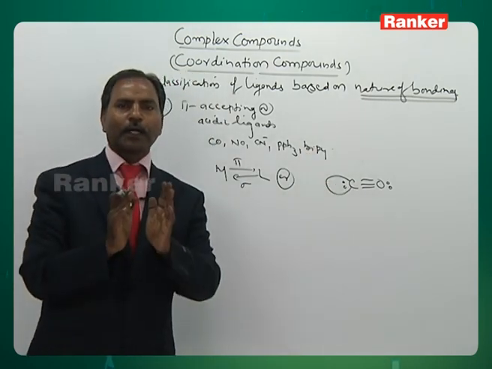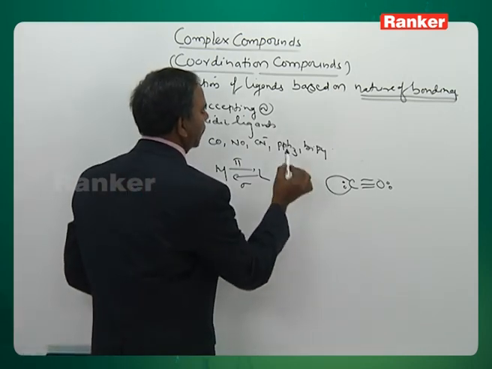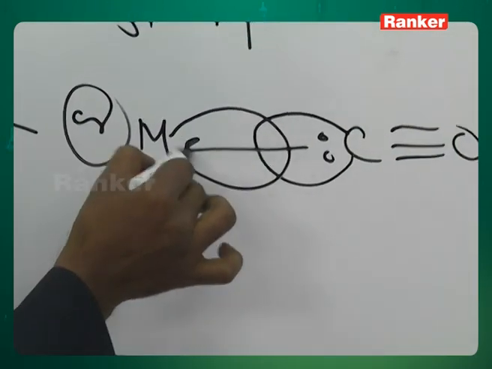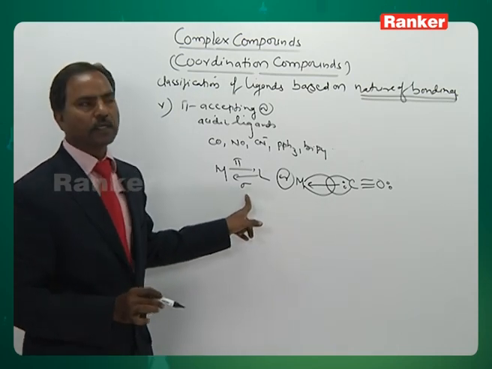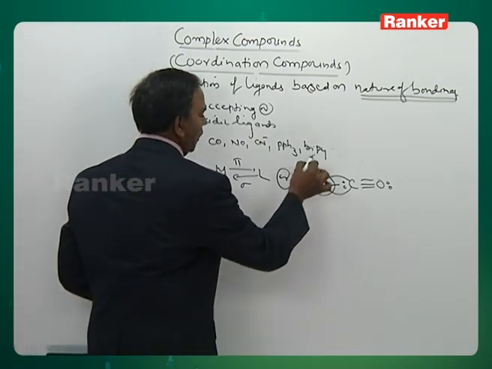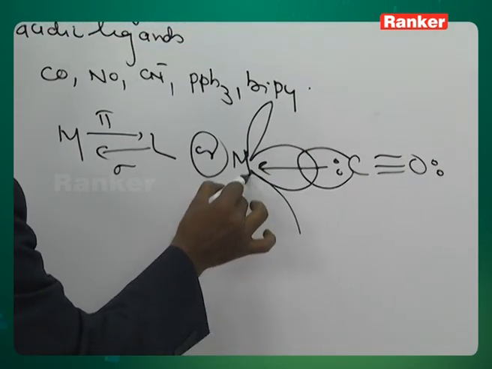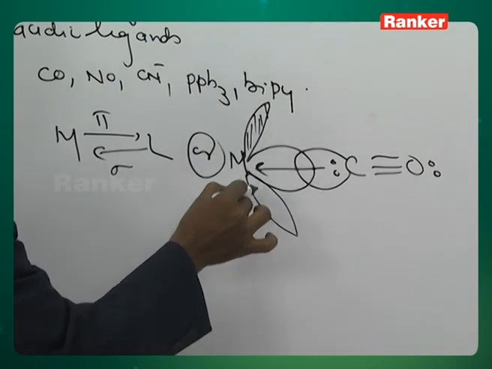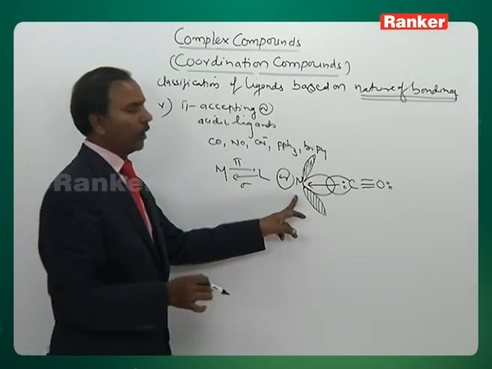Now this electron pair is first donated to the metal ion. Look at the board, I am writing on the board. It is donating a pair of electrons to the metal, resulting in a sigma bond. Next, from the filled metal d orbital, it is again accepting a pair. To represent the filled metal d orbital, I am showing the filled orbital with lines. Imagine the filled orbital.